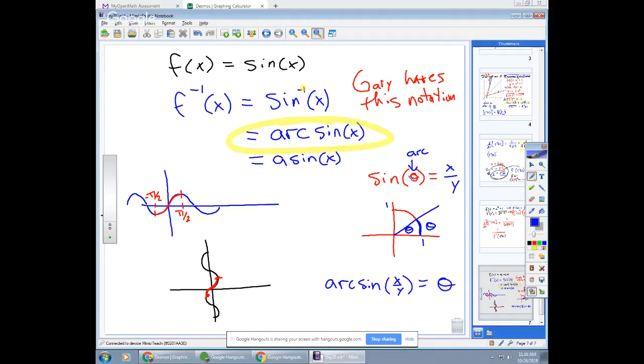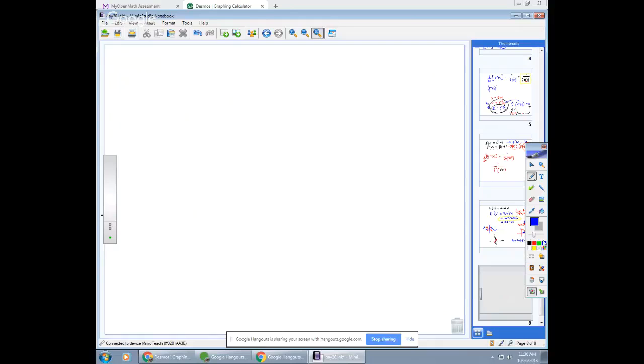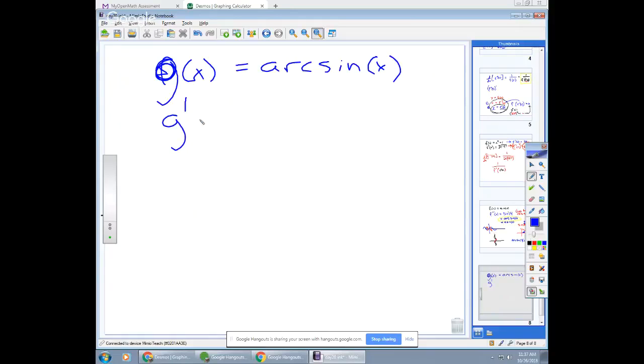Okay, so long story short, let's get busy and use it. We need to find the derivative of the sine inverse, the arc sine. So if we say g of x is the arc sine of x, what is g prime?